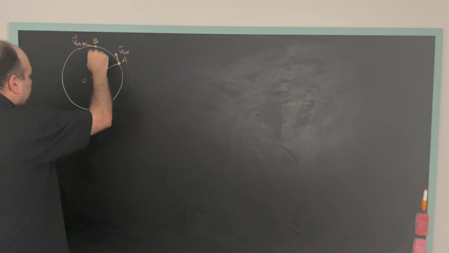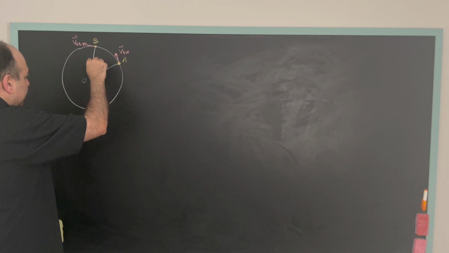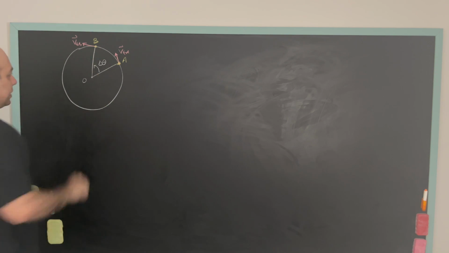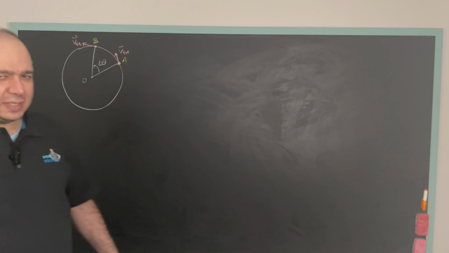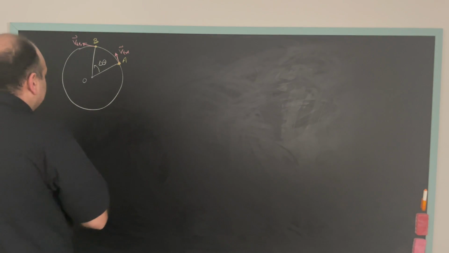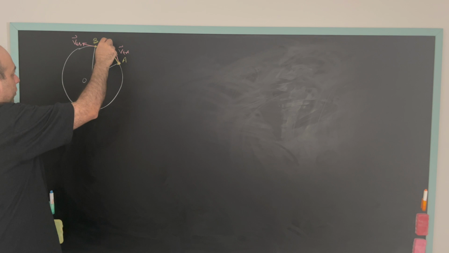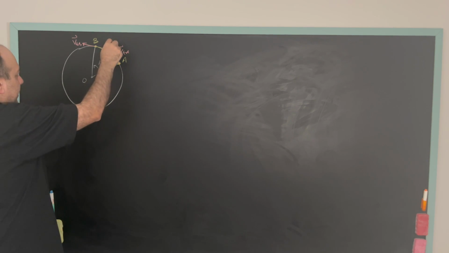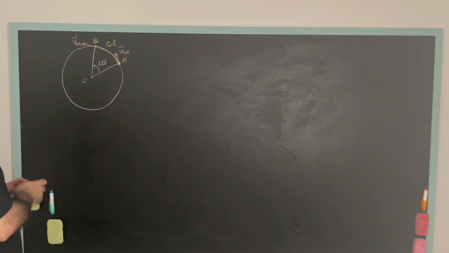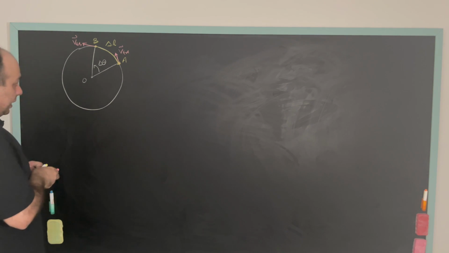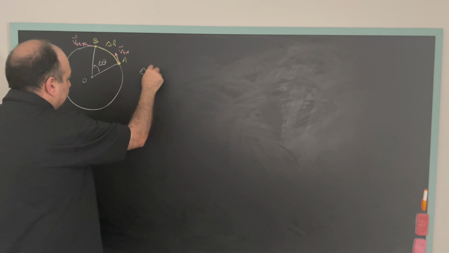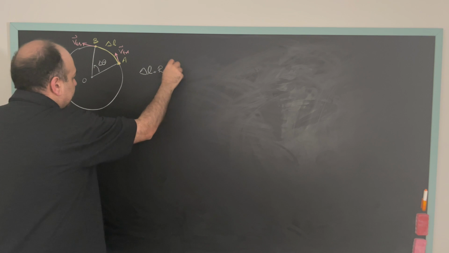As I move from A to B, there is a change in the angle here, let's call it delta theta. What is the distance I traveled? It is nothing but this circular arc, so let's call it delta L. What is delta L? Let's write it down: delta L is simply equal to R times delta theta.